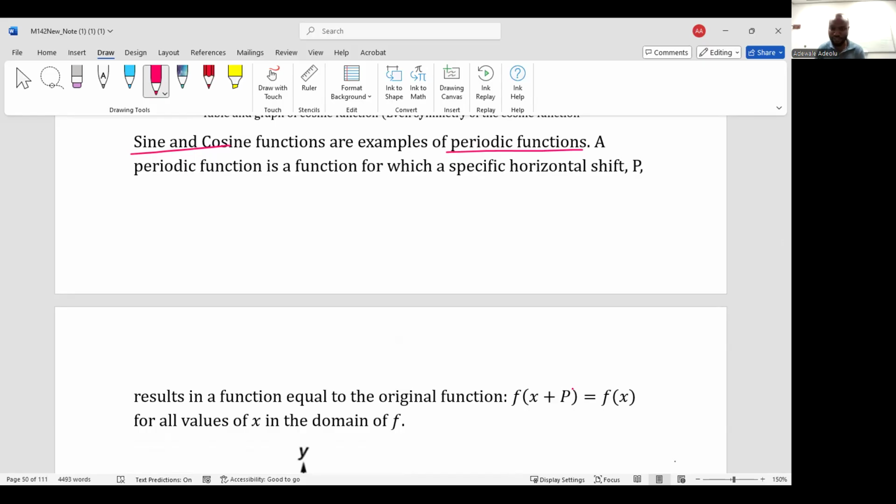Let me break that down for us. We are saying that there is some value P such that if I add it to the input value x, then I'm going to have exactly that function again.